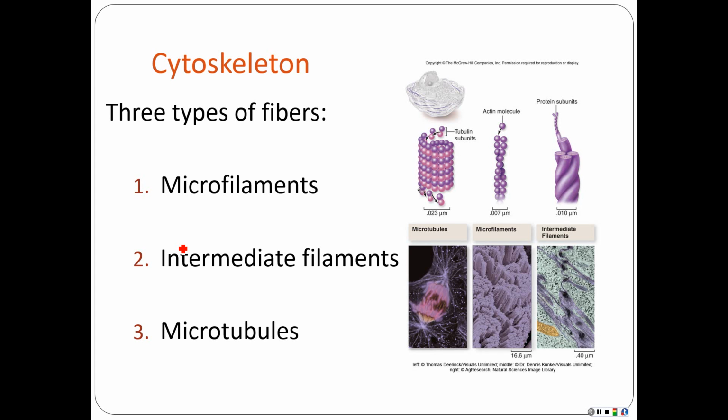There are three classes of proteins that make up the cell cytoskeleton, which include microtubules, intermediate filaments, and microfilaments. Working left to right in the image, the microtubules are in the far left column, microfilaments in the middle column, and the intermediate filaments on the right-hand side.